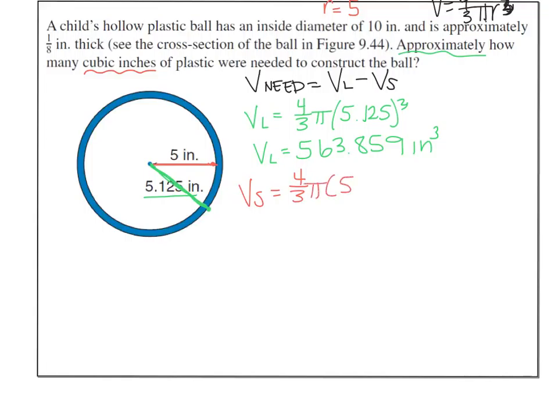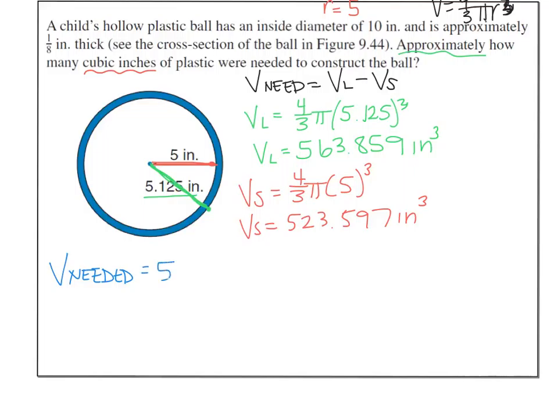When I find the volume of the smaller one, it's a little easier. 4/3 pi times my radius cubed. So again, we're just looking at the radius up to this point. And so I get that to be 523.597 inches cubed. So to figure out the volume needed, which is the blue piece, okay, we subtract them.